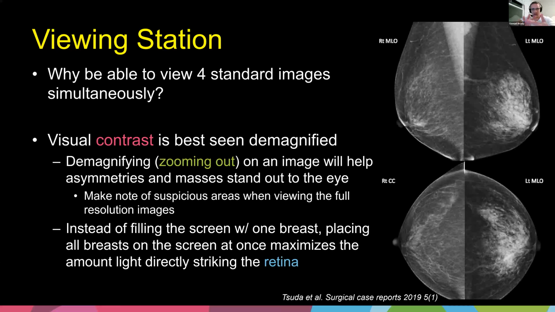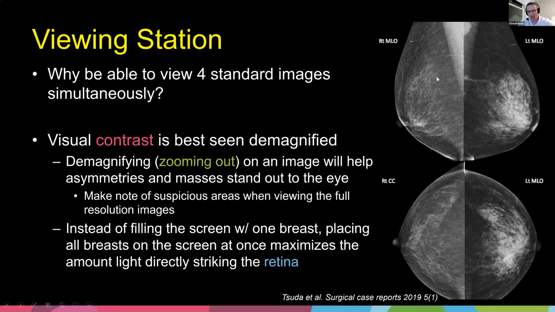Now, I'm not advocating everyone stand 20 feet back when they're reading a mammogram. What I'm saying is when you look at a demagnified image, subtle low contrast findings will pop a little bit more to your eye. I don't know how every radiologist does it, but a lot of times you pull up your MLO and your CC for one time point and your MLO and your CC at the baseline, so you have obviously 2 time points and 4 views up.